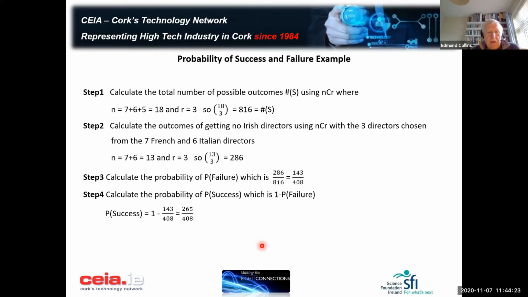Hopefully that helps with the understanding of the tools. The first step would have been straightforward enough, but the second step is a tricky one: how do you calculate the outcomes of getting no Irish directors using nCr? But there are good examples around that you should try, and the more you do these, the more proficient you will become.